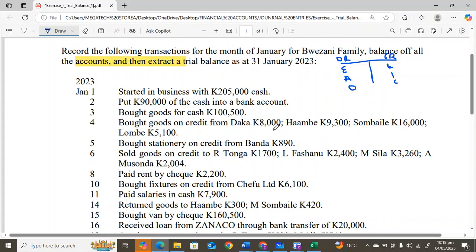Yes, go ahead. Yes, cash and capital. Now, that's first phase. Now, is one increasing? Is one decreasing? Are they both increasing or are they both decreasing?